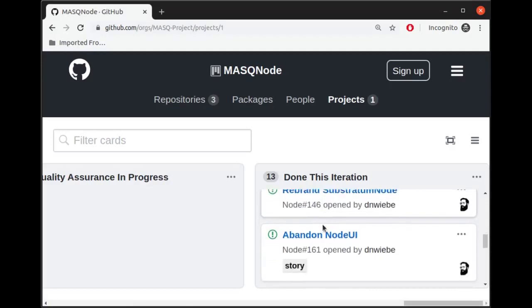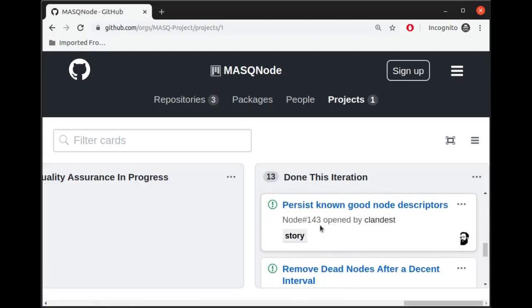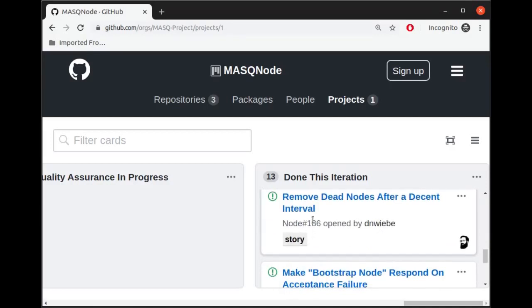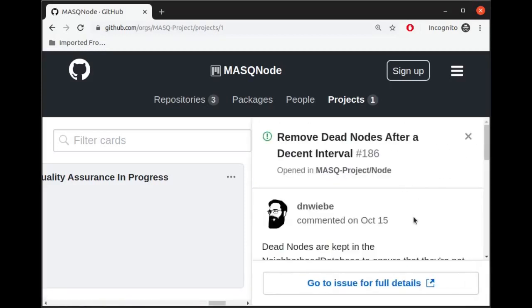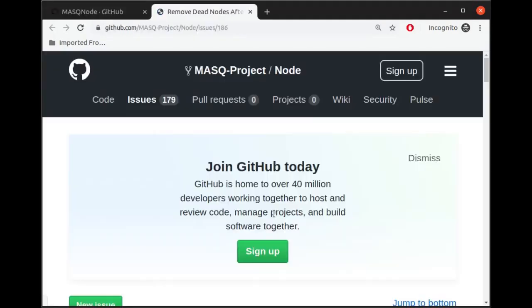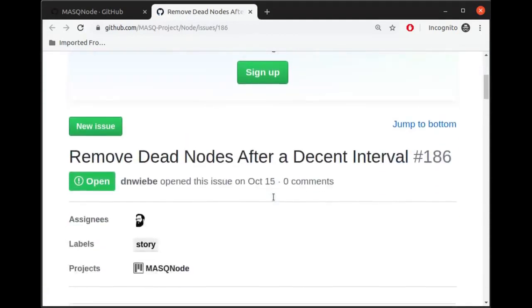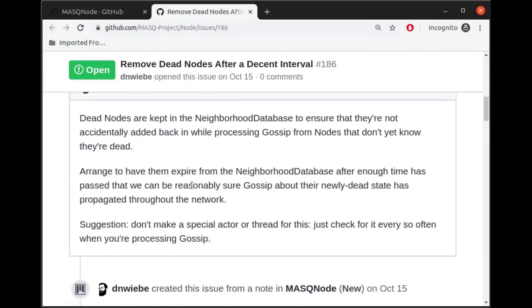Here's card 146, here's our card 161, 143. We'll try 186 because I've already sort of taken a look at this one. Remove dead nodes after a decent interval. So here's the description. Sorry, but I'll read this.